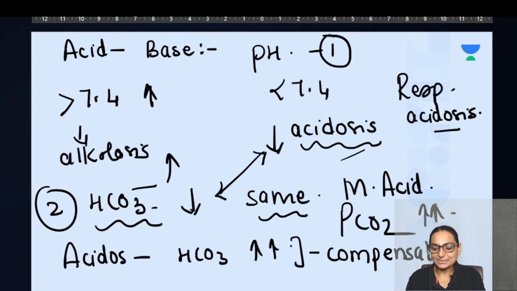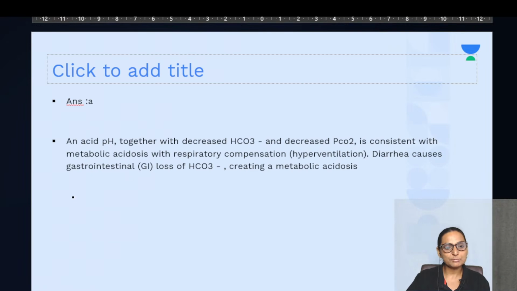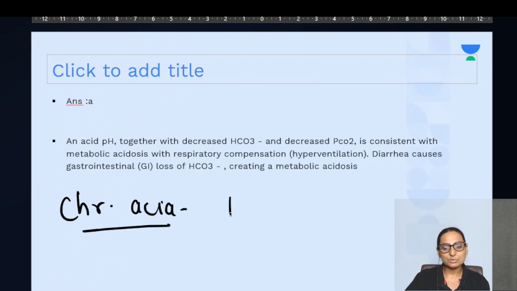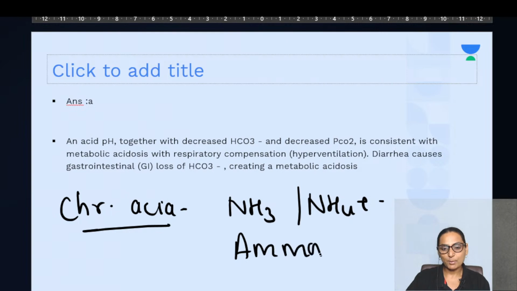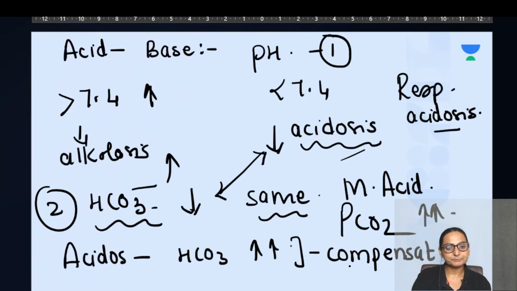Remember, for chronic acidosis, the most important buffer is the ammonia buffer. So whenever there is chronic acidosis, the most important buffer becomes your ammonium buffer. This point is to be kept in mind. Okay. Next.